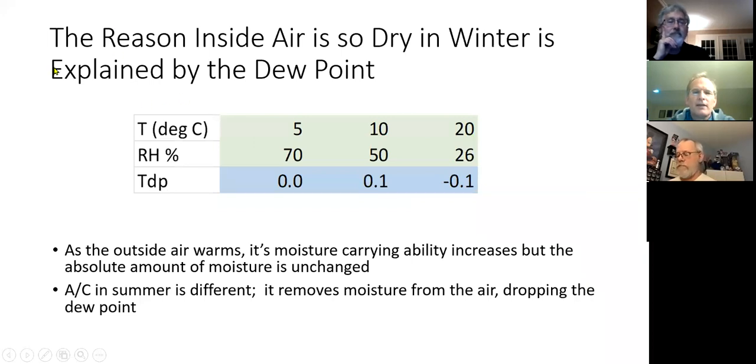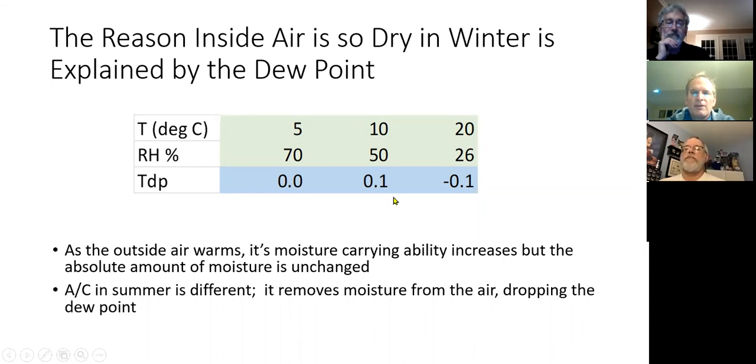So doing that, let's look at one simple example. Why is the air so dry in winter when you're inside? If it's 5 degrees C outside with a relative humidity of 70%, then the dew point is 0 degrees C. Now that air comes into the house, you open the door, this parcel of air at 70% humidity, 5 degrees C, comes in the house and it gets warmed up.